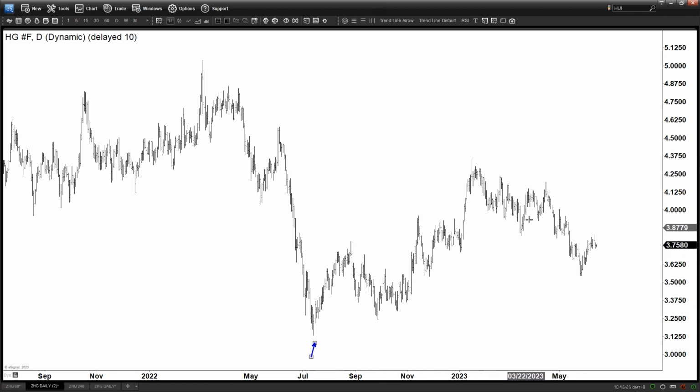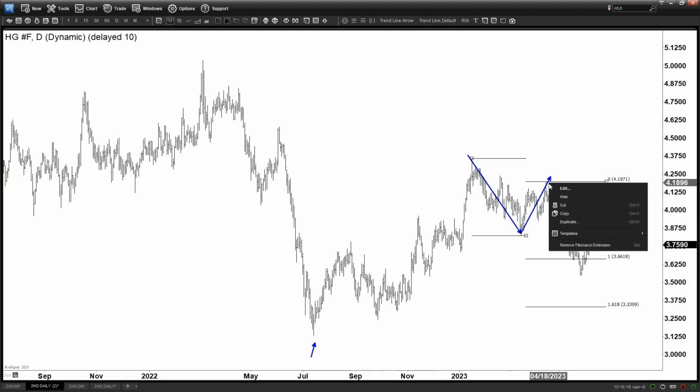And this pullback so far, at least, as long as we don't break below this low again, so far it was a 3 swings, right? So if you measure the extension here, right, 1, 2, 3, it hits the 100% and then starting to bounce.